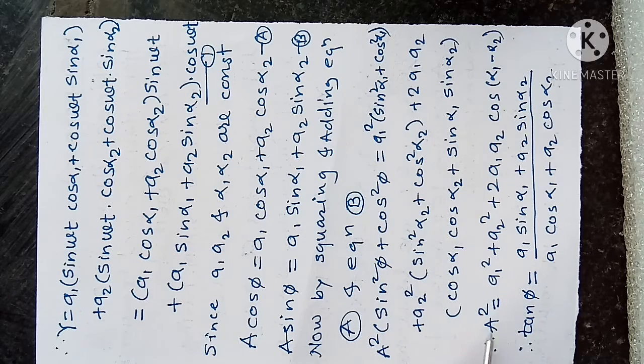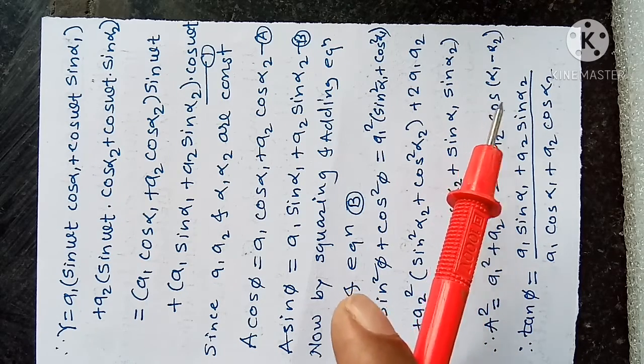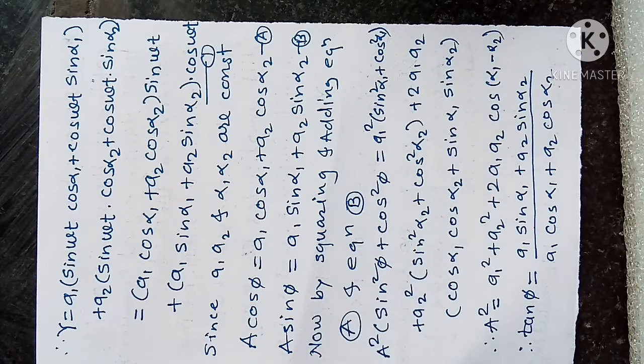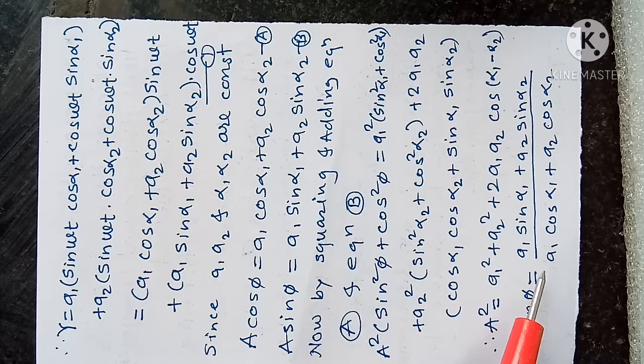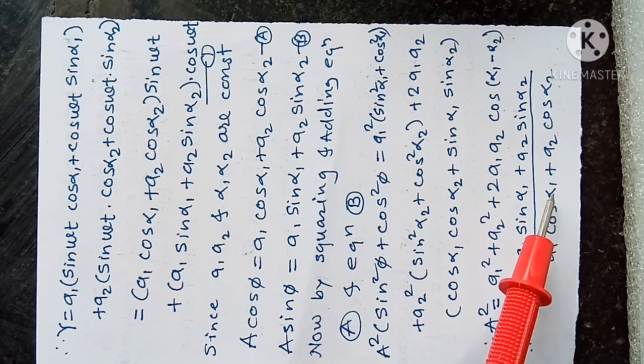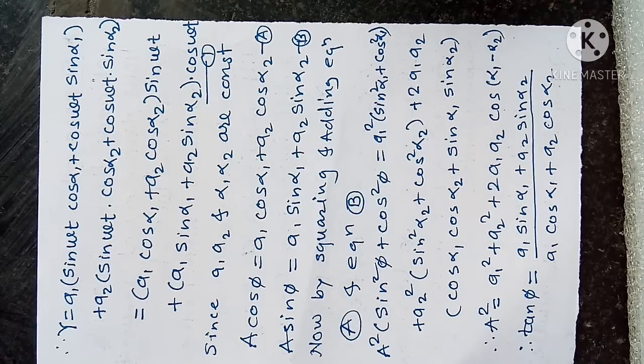Therefore A square is equal to A1 square plus A2 square plus twice A1 A2 cos(alpha 1 minus alpha 2). And if we take the ratio of these two equations, tan phi is equal to (A1 sin alpha 1 plus A2 sin alpha 2) divided by (A1 cos alpha 1 plus A2 cos alpha 2).